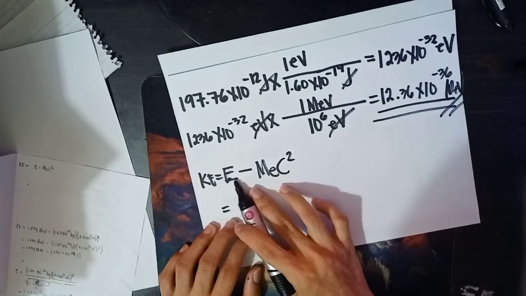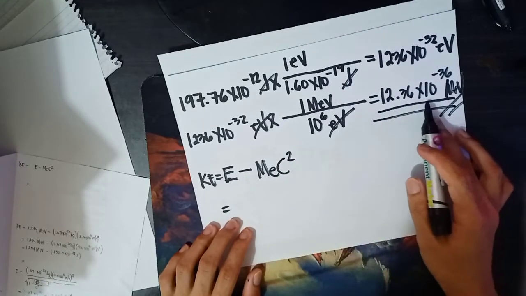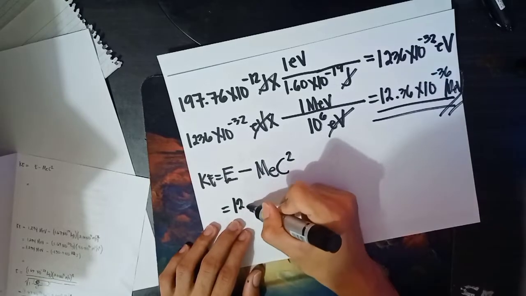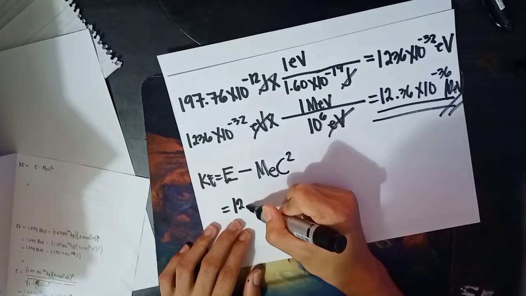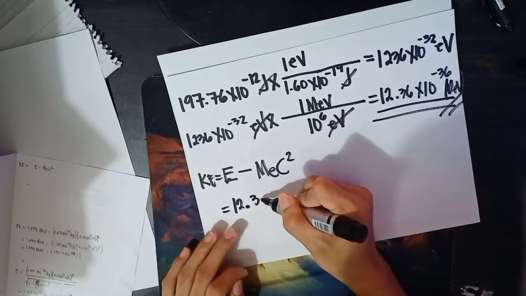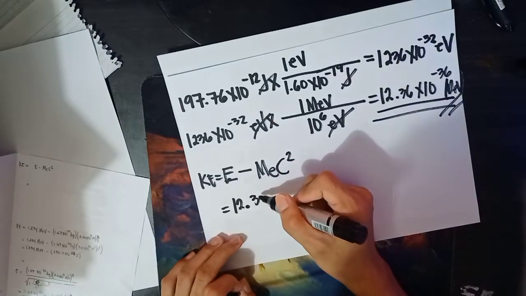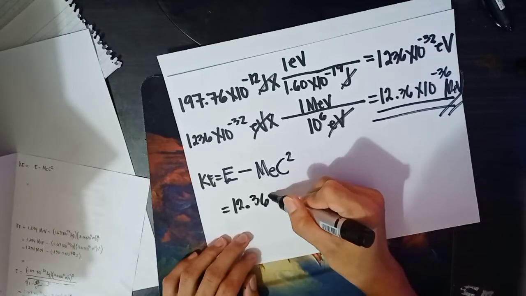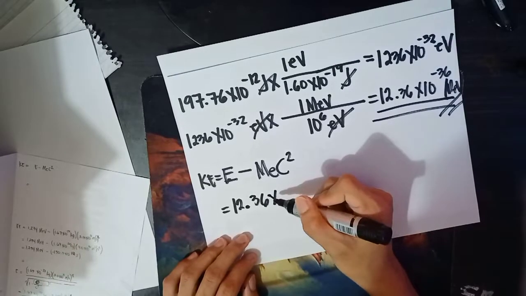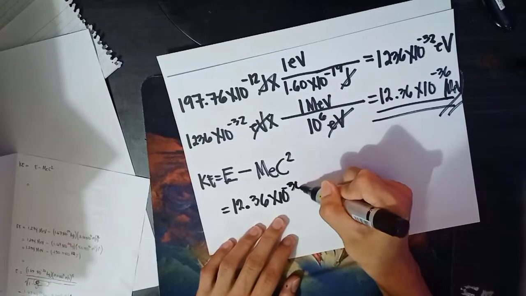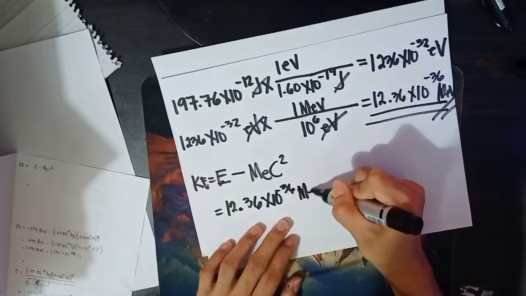So we have our energy, 12.36 times 10 raised to the power of negative 36 mega electron volts.